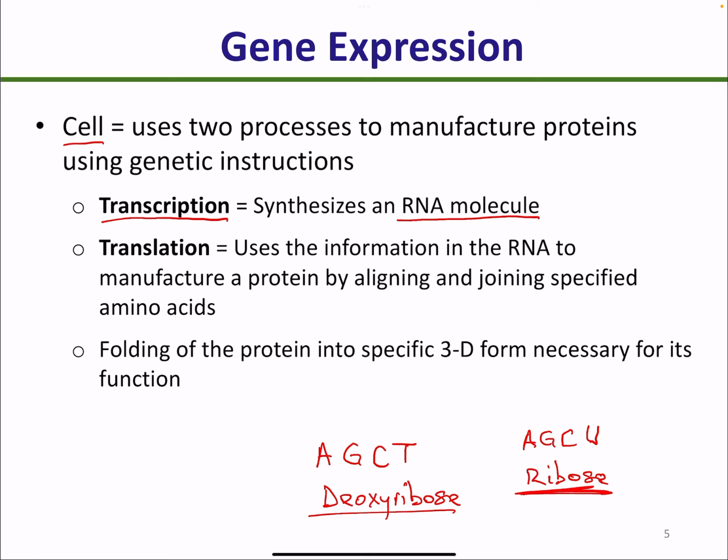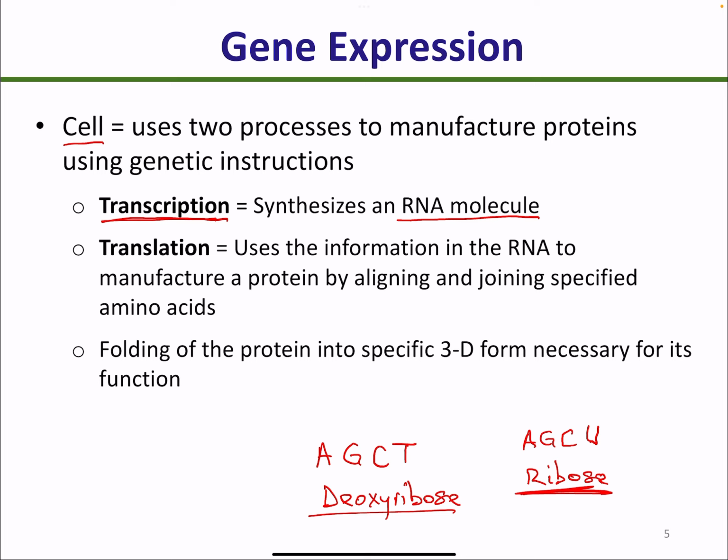This difference is significant enough to make RNA and DNA two distinct kinds of molecules, even though they still fall in the category of nucleic acids, right? So transcription is converting the language of DNA into the language of RNA.